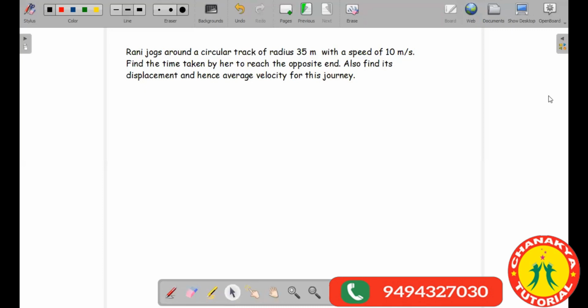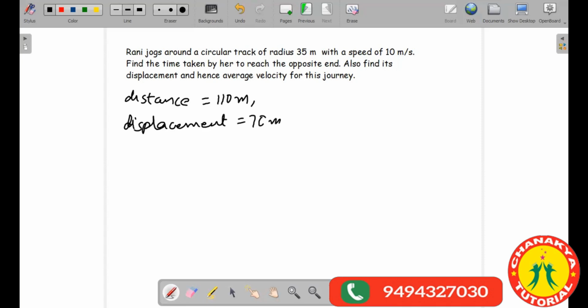So she travels a distance of 110 meter, and we have got the displacement as 70 meter.